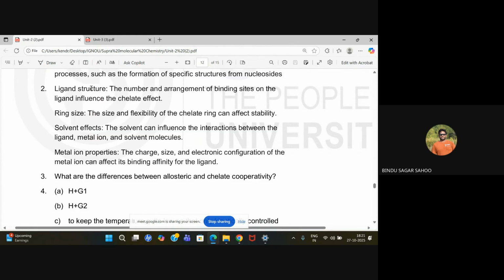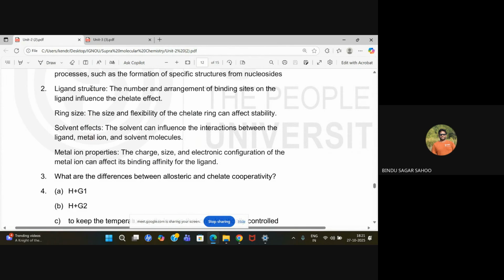If you take a five-member ring, strain is very less, and it is the most stable complex forming with a metal. If you choose six, definitely the stability is there. There is very little strain, but it will be a little bit flexible in nature.